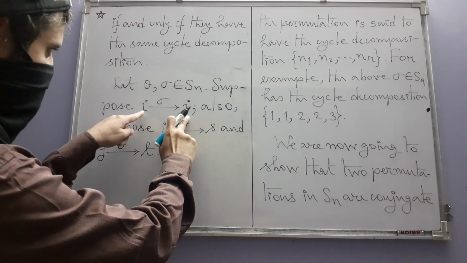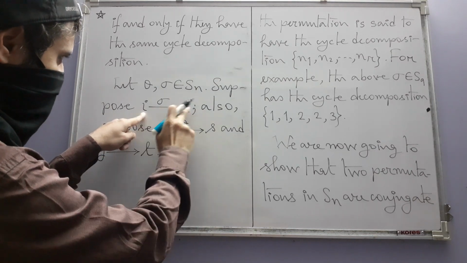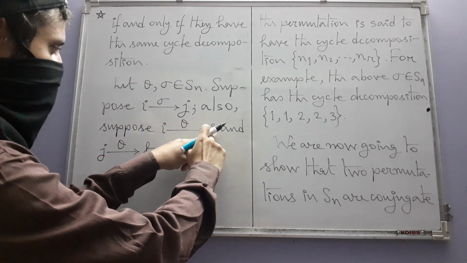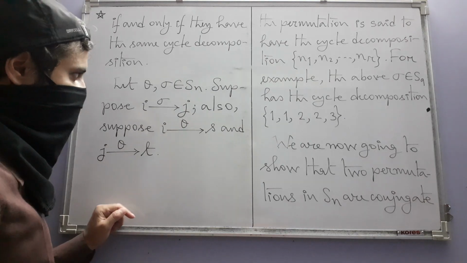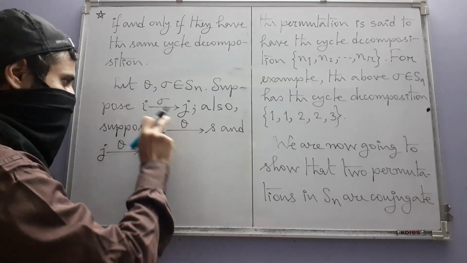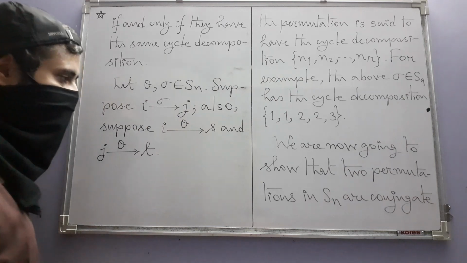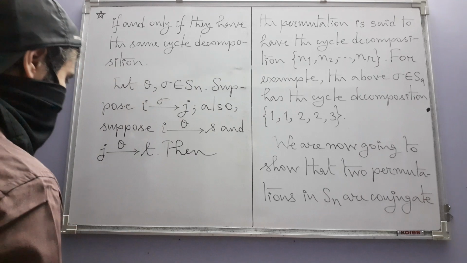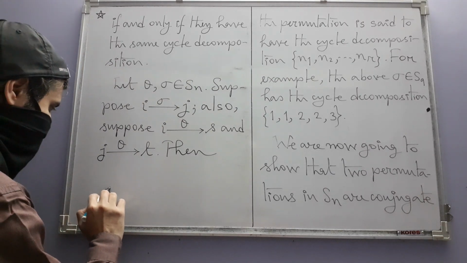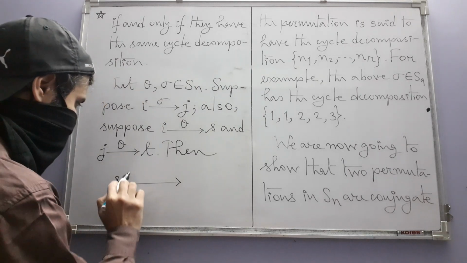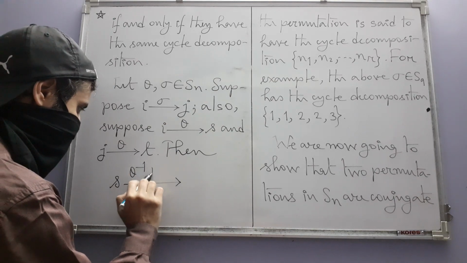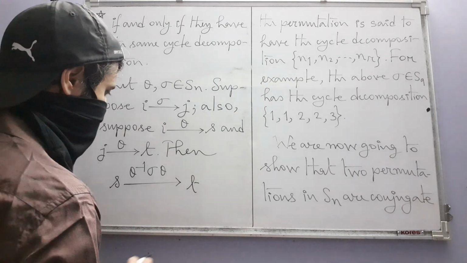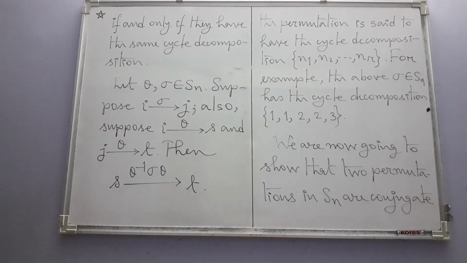So the symbols that we see in the action of sigma are themselves mapped onto s and t respectively by theta. That means theta changes i to s and theta changes j to t. Then theta inverse sigma theta changes s to t. Is it true? Let us just see.